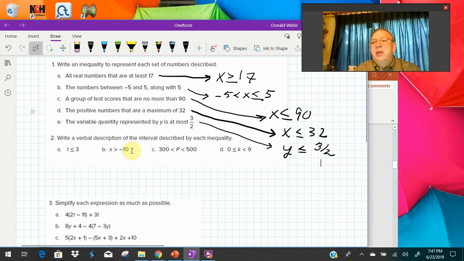So negative 9.999 would be included, negative 9, negative 8, all the way through 0 in the positives. Here's the compound. 300 is less than p, all the numbers p bigger than 300, 300 not included, less than 500, 500 not included. And this last one, 0 is all the numbers between 0, zero included, and 9. 9 is not included.